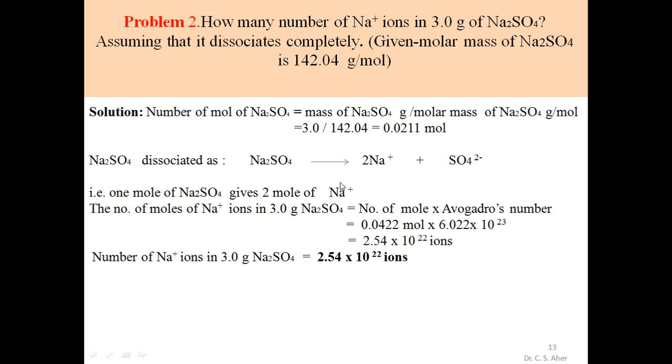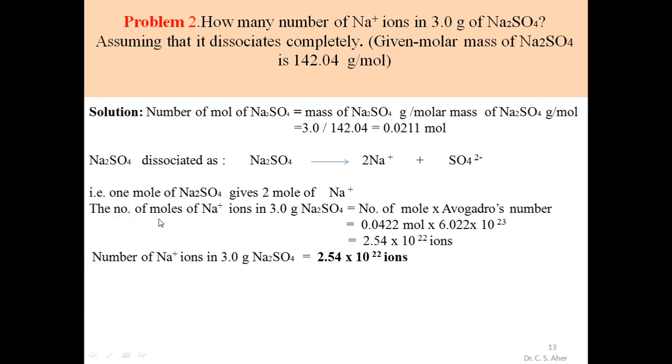So the number of moles of sodium ion is 0.0422. From where does this figure come? This 2 into this moles gives 0.0422. This much sodium ion is present. And when that moles of sodium ion is multiplied by Avogadro's number, what does it give?